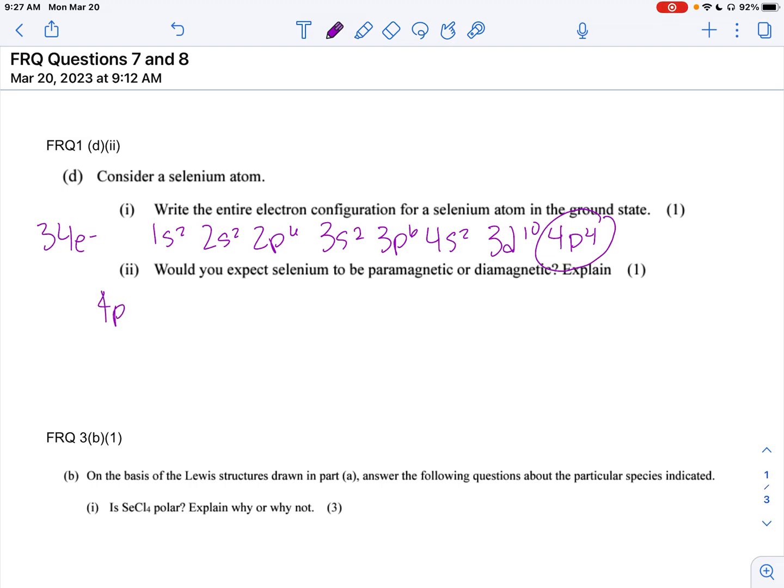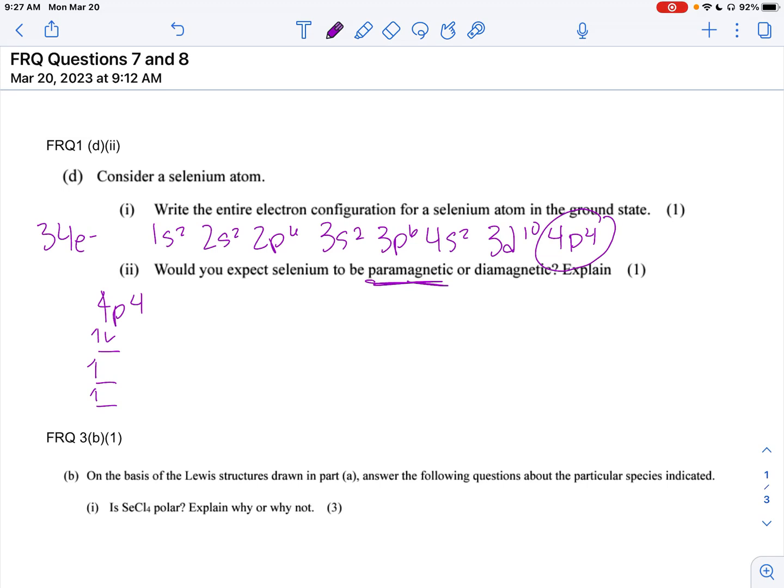So if we had 4p4, it would look like that. So are there unpaired electrons? Yes, there are. So it must be paramagnetic. And your explanation would be there are two unpaired electrons.